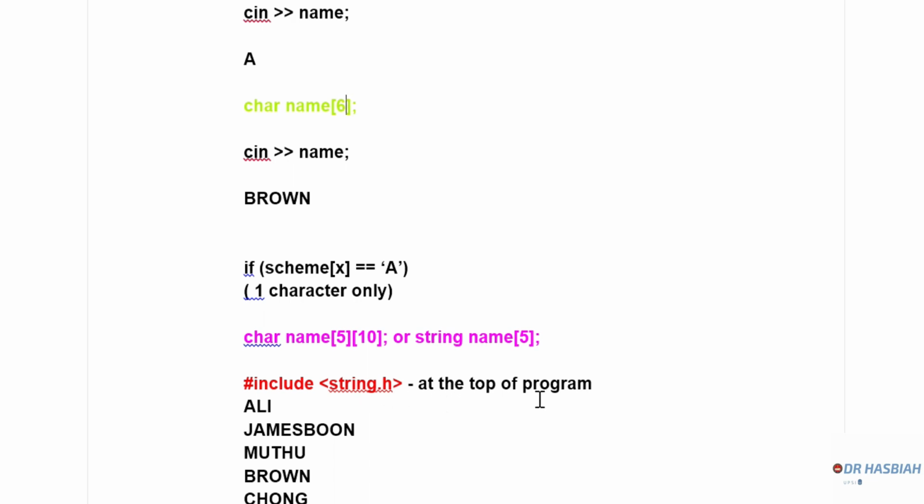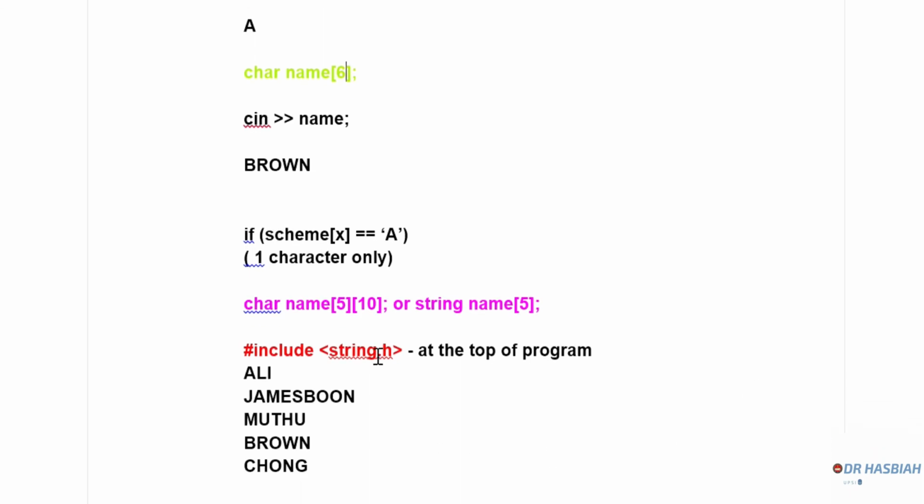If you use char, you don't have to include anything, but this is for the array of char only. If you want to change to string, you don't want to use char, you can include the string header at the top of your program. Then you can input any length of the name.